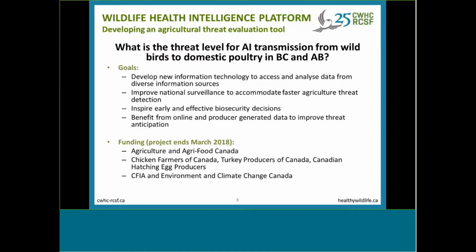We had the goals of developing the new information technology to access and analyze data from diverse sources for all wildlife diseases, and then, as Jane said, to improve our surveillance to accommodate faster agricultural threat detection, and hopefully with that information inspire producers to enact earlier and effective biosecurity decisions.